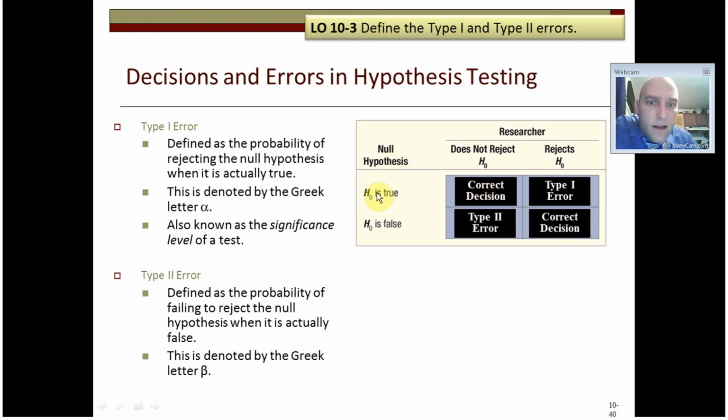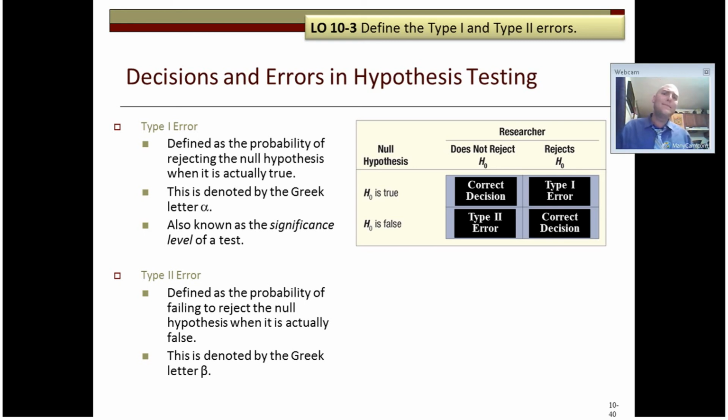In reality, H naught is true, we don't reject H naught. Awesome, we're right. Let's say, however, H naught is false. We should be rejecting the null. And hey, when we do, we've made the correct decision. That's fantastic. So in one diagonal here, we've made correct decisions.